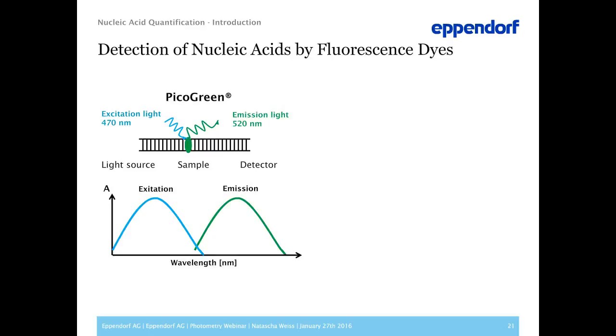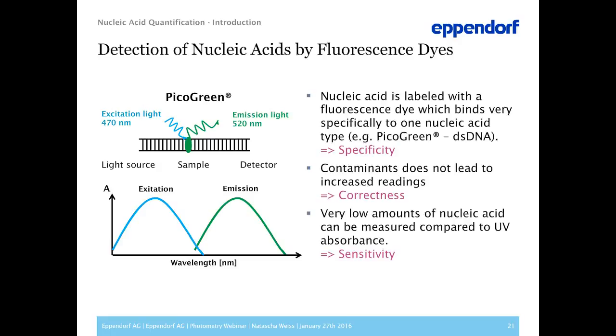In fluorescence spectroscopy, the fluorescence intensity of a dye that binds to a nucleic acid is measured. Incorporated dyes absorb light of their specific excitation wavelengths and will afterwards emit light of a lower emission wavelength. Fluorescence dyes can react very specifically.